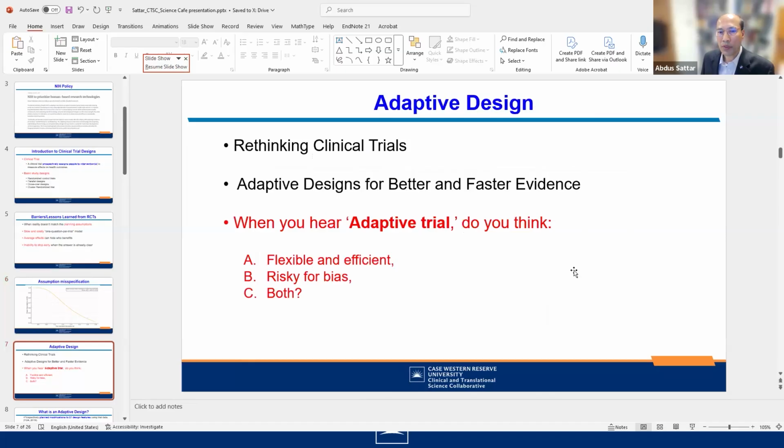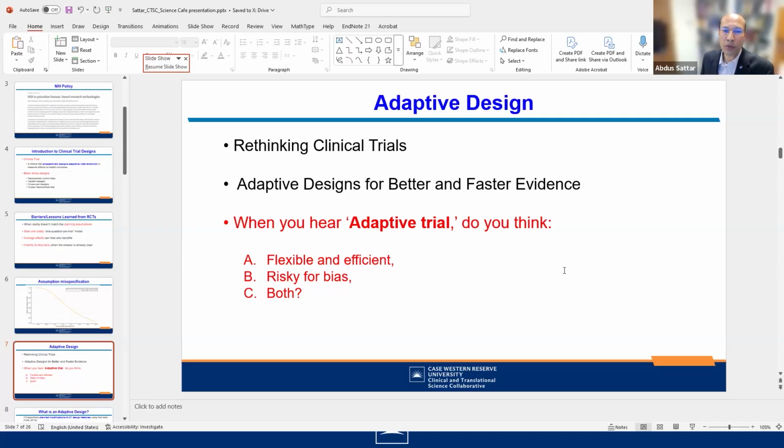That is where the thinking of adaptive design comes in. If we want to address those limitations and barriers that we just discussed, then adaptive design is a way to move forward. So basically, we are rethinking clinical trials.